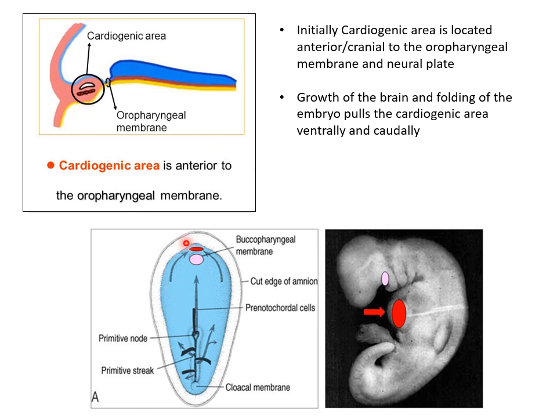But now when this embryo folds, as you can see in the third picture, because of the growth of the brain, the cardiogenic area, which was here, most cranial, will come to lie ventrally. And let's see what happens to the pericardial cavity also.